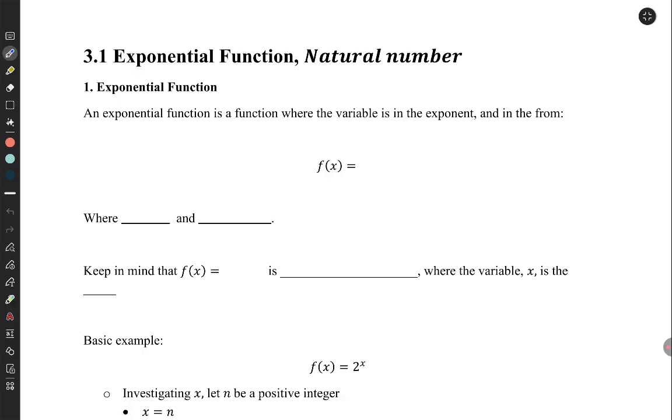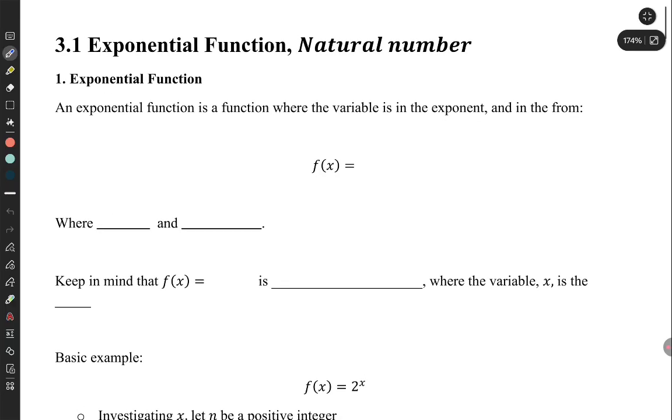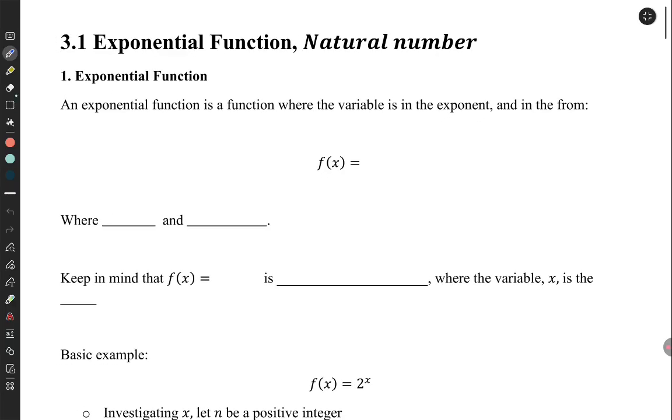Okay, exponential function. An exponential function is a function where the variable, this is important, the variable or the unknown, the x, is in the exponent.